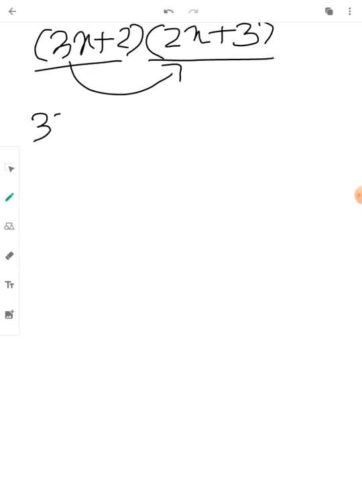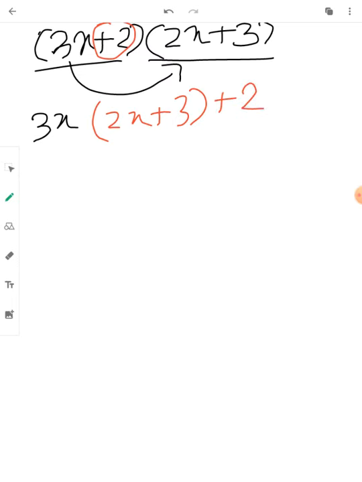So 3x, write this 3x over here, and the whole thing, 2x plus 3. Now once you close the bracket, you have written everything, so don't forget to write this plus 2.